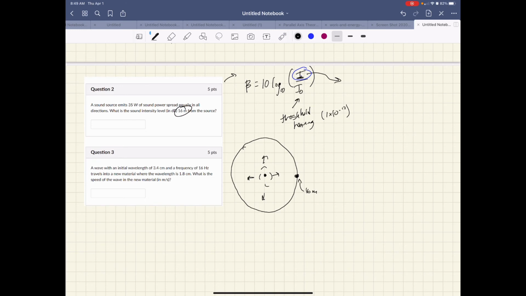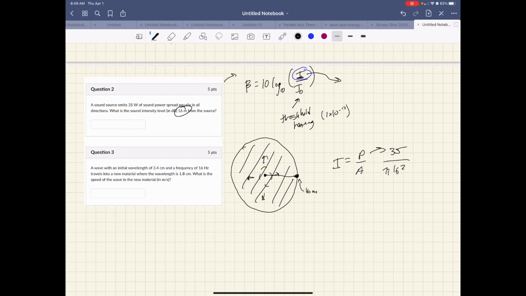It turns out that intensity is equal to power divided by area. The power is 35 watts. The area it is distributed across is the area of the circle, pi r squared, where the r value is 16.